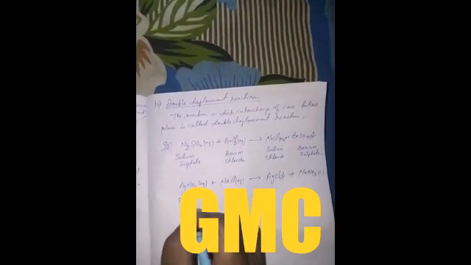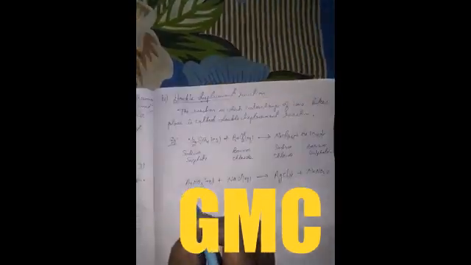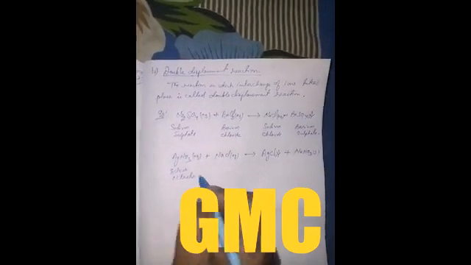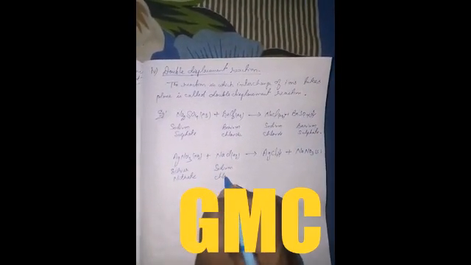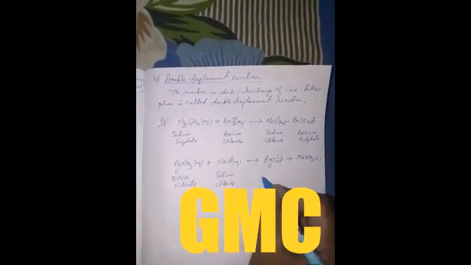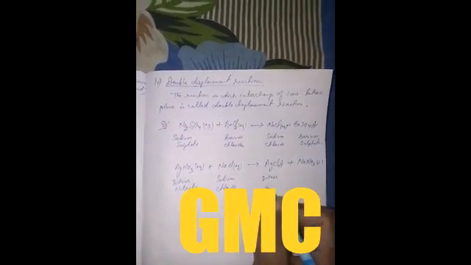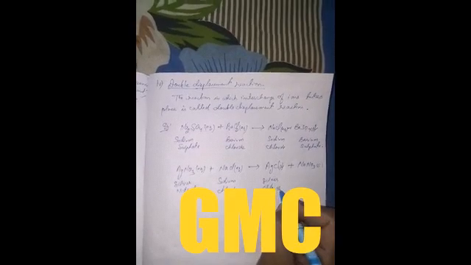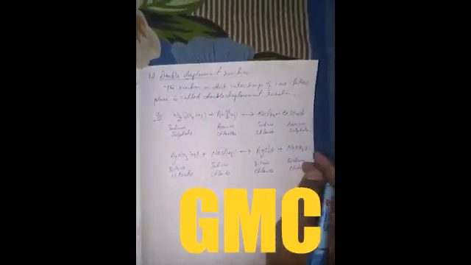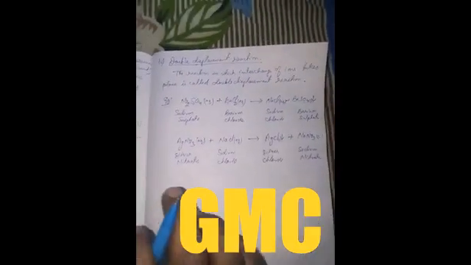This is silver nitrate reacting with sodium chloride to form silver chloride and sodium nitrate. If you don't know how to write the compound names, refer to my video number one.